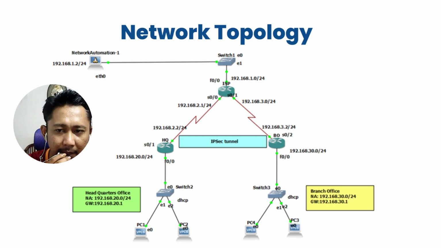The primary objective for this project is to establish a highly secure and efficient site-to-site IPsec tunnel with NAT between router HQ and BO, routed through the ISP without requiring any knowledge of the configuration from the ISP.